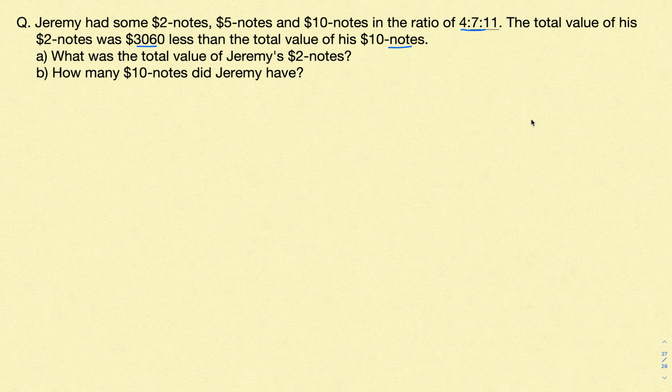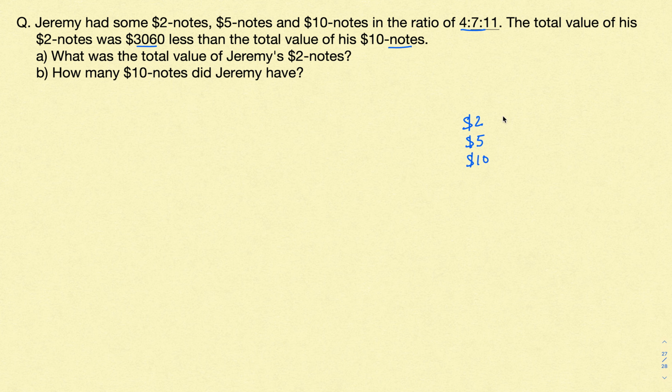Okay, now in order to do this question right, we have to understand that the number of notes and the value of notes are two different things. Let's take an example. Let's say I have $2 notes, $5 notes and $10 notes.